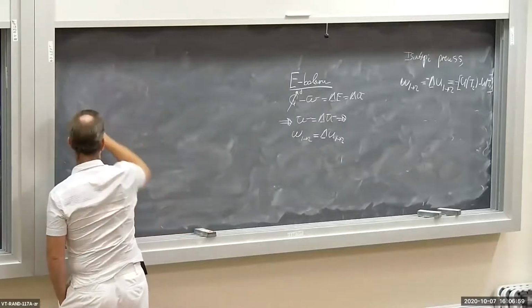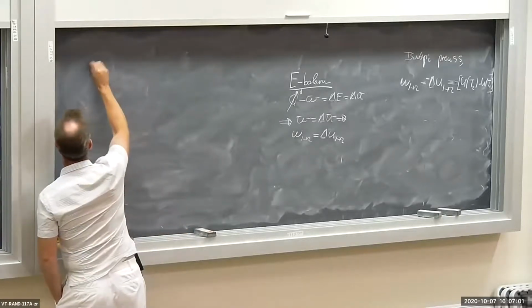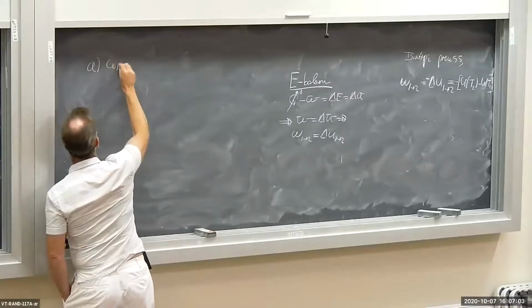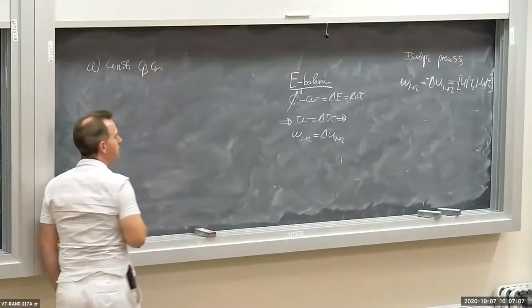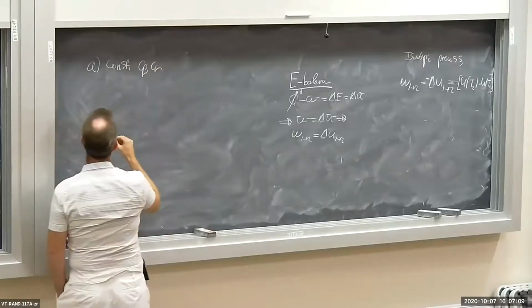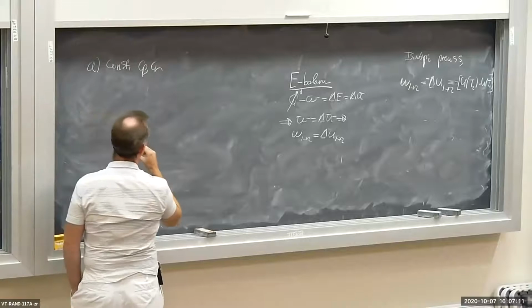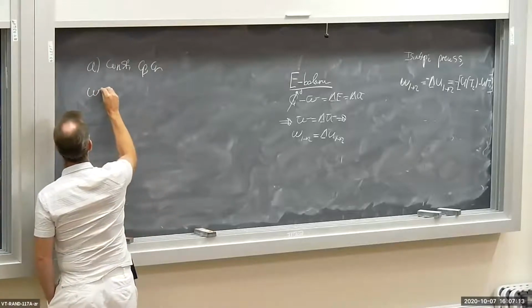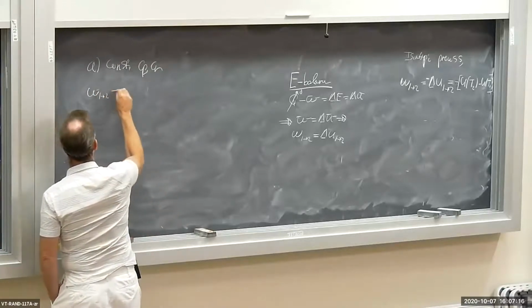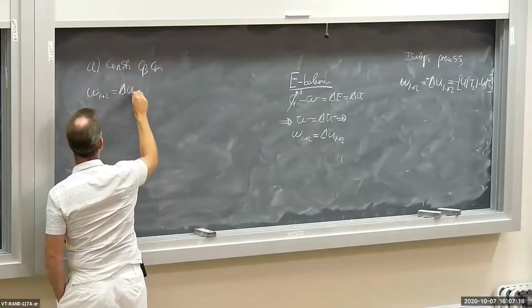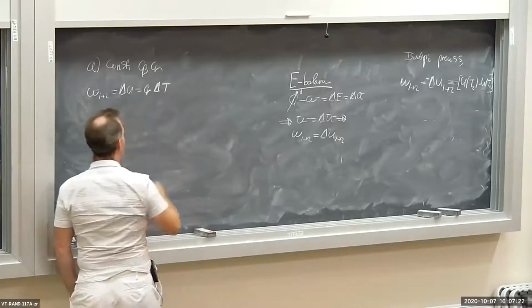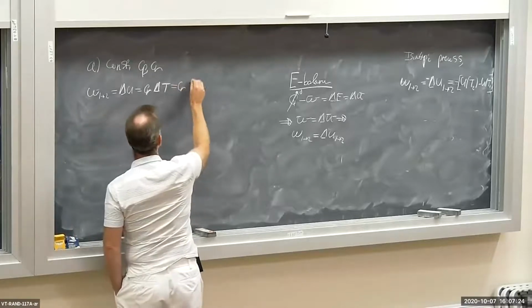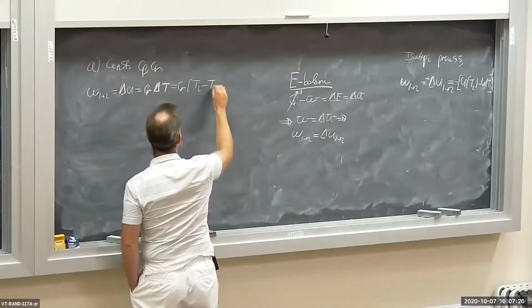So A, constant CP, CV. So the minimum work is W1 to 2. W1 to 2 is equal to delta U, which is equal to CV delta T. Or if you like, CV times (T2 minus T1).